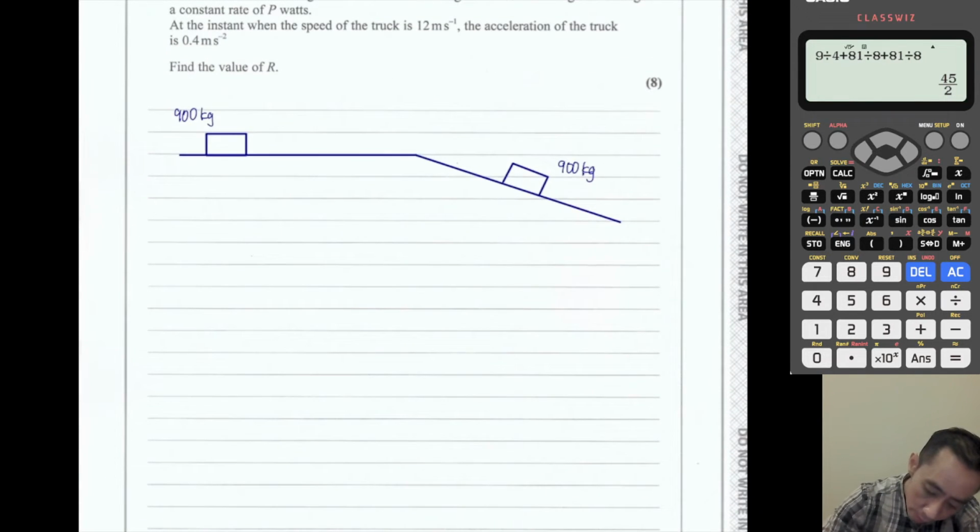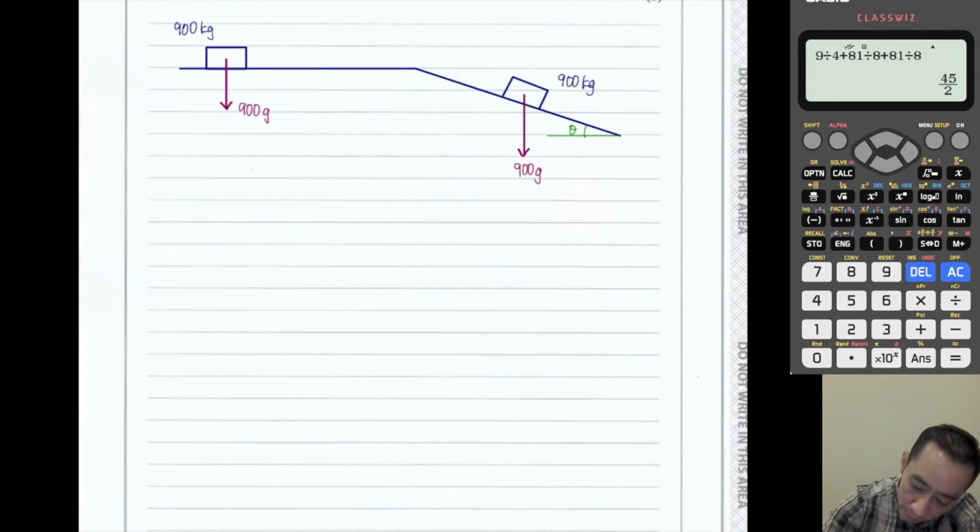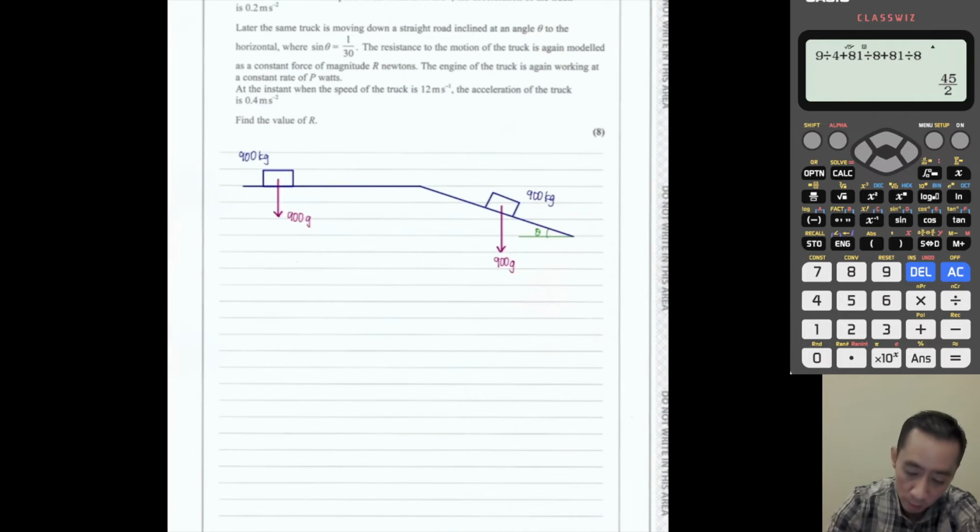So let's look at this. We have the gravity, mg, so for this one it is 900 g, and for this one, same thing, 900 g. Then for this case, the angle here is theta, where we are told that sine theta is 1/30.